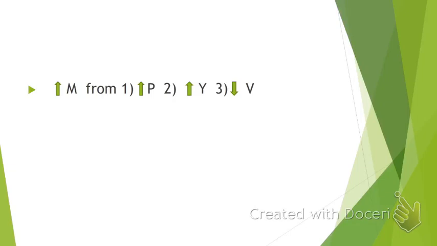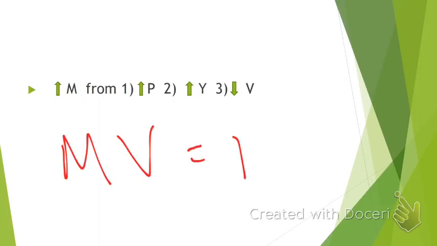That makes sense if you think of the equation MV equals PY. To cause M to go up, if we assume PY stays the same, then if velocity goes down, M would go up. That's consistent with that equation.